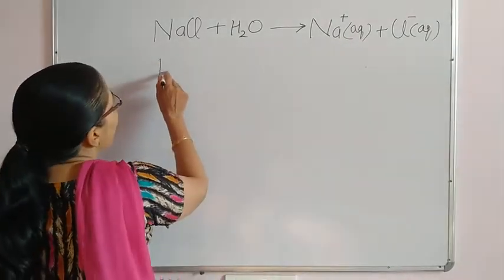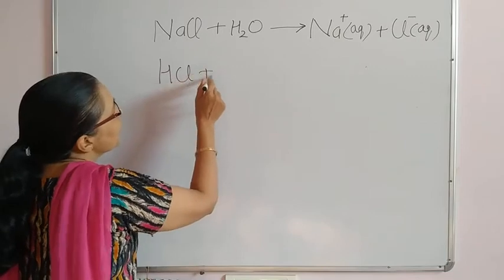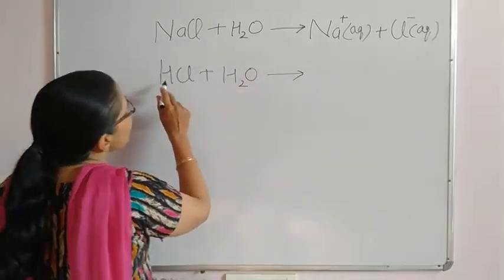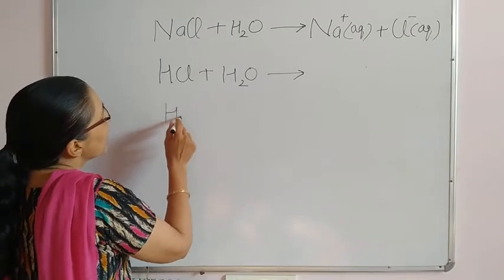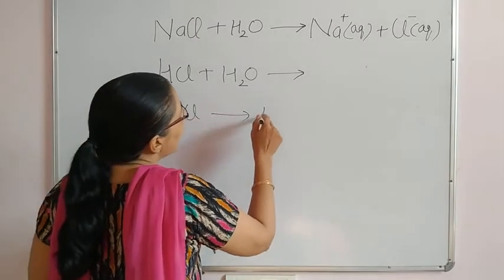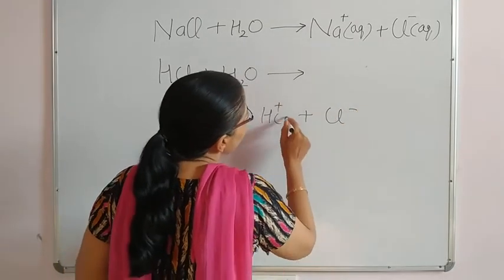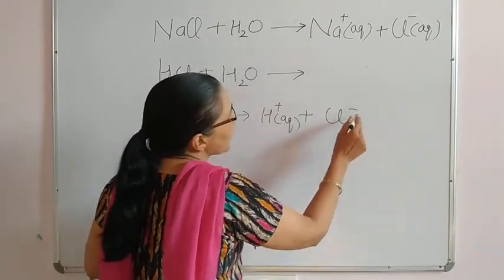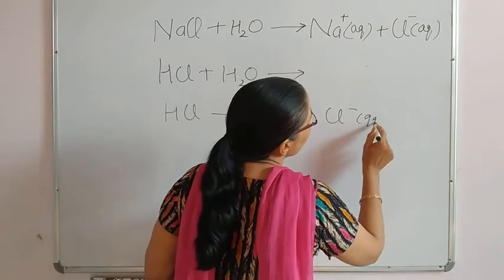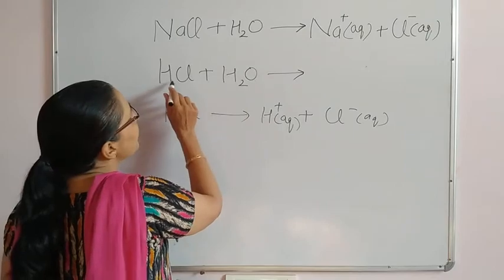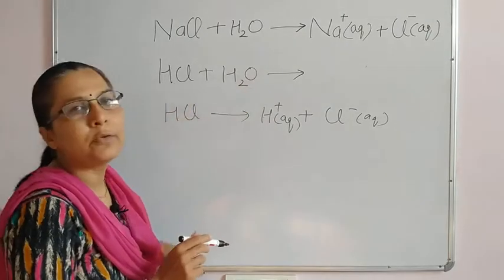The same will happen with HCl when dissolved in water. Due to ionization it will form H plus ion and Cl minus ion, both in aqueous form. Now this H plus ion from HCl will combine with water.